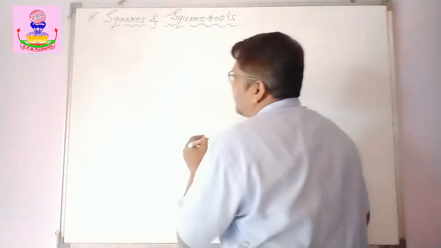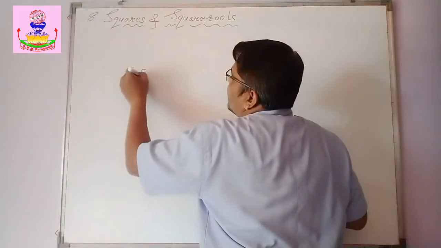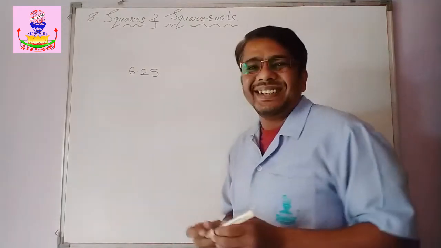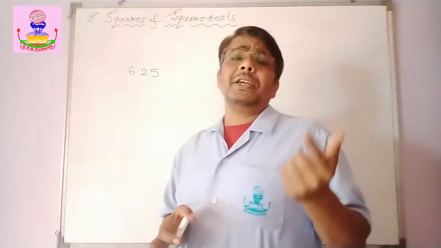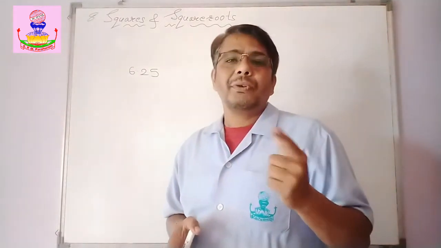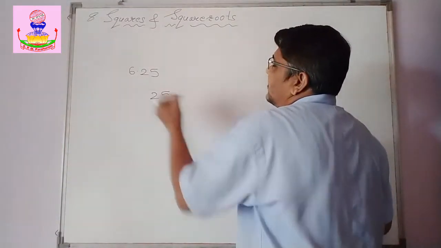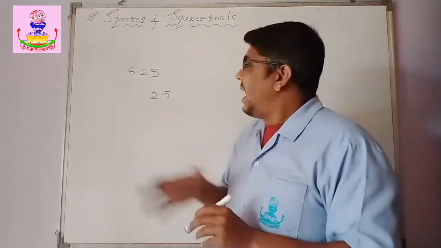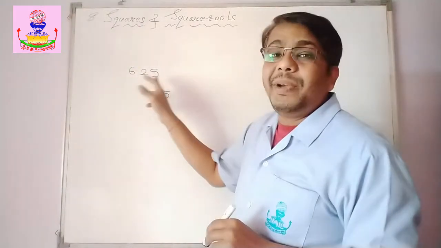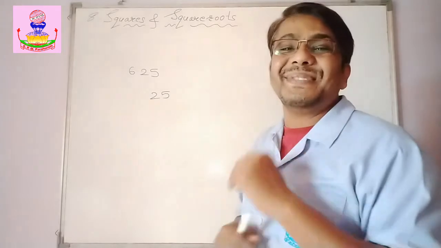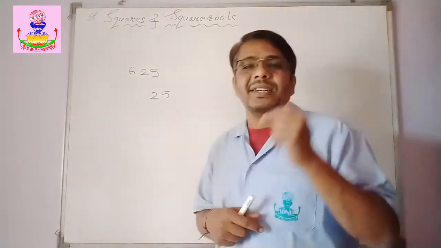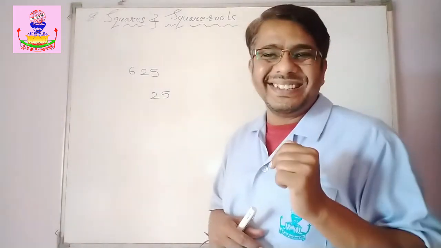Okay, for example, 6.25. Now I know 625 is a square of 25, right? So it is a square of 25. Now see, after the decimal point, how many digits are there? 2, an even number of digits. So definitely it is a perfect square.